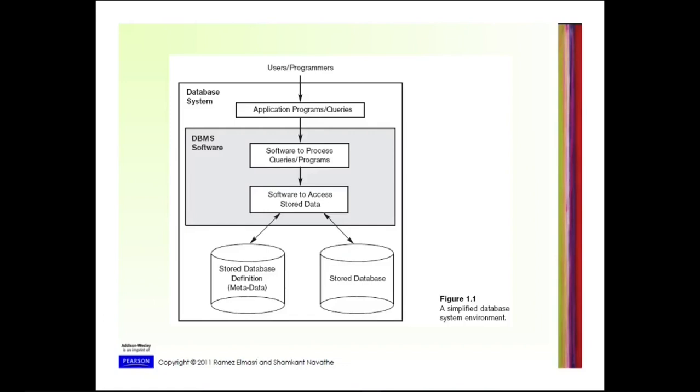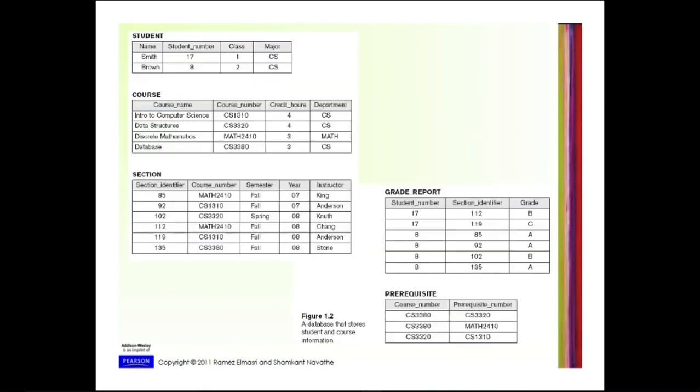In the student record we have name, student number, class, and major subject. Here it is Smith, which is character type, string type. Student number is integer type. Class number is also integer type. CS major is again a string type, that means character data type. These things we have to specify. We call them data elements, different types of data elements.